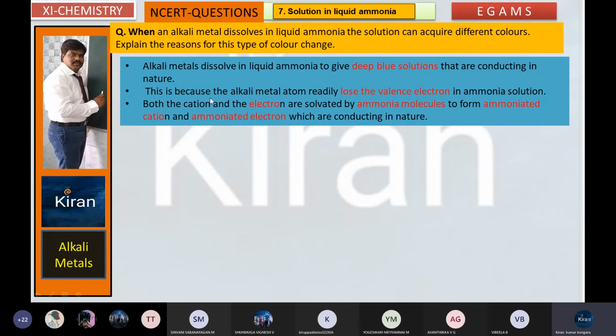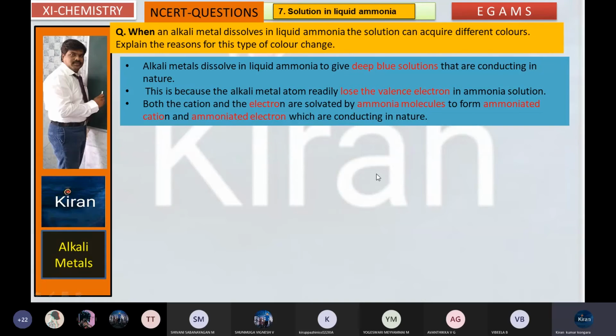This is because the alkali metal atom readily loses the valency electron in ammonia solution. When sodium metal is placed in liquid ammonia, sodium metal loses an electron. Hence, both the cation and the electron are solvated by ammonia molecules to form ammoniated cation and ammoniated electron, which are conducting in nature.